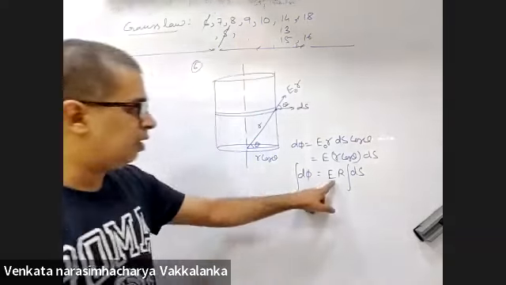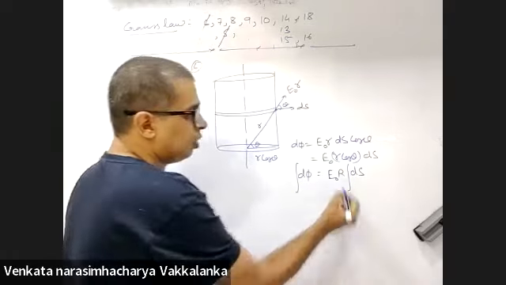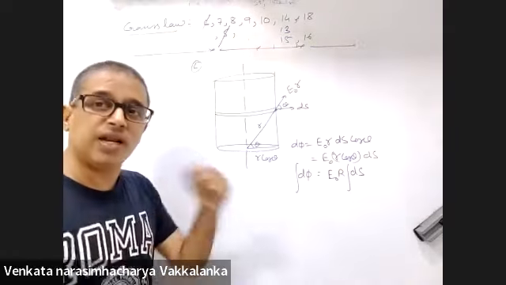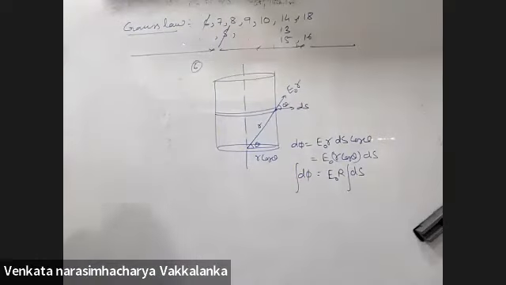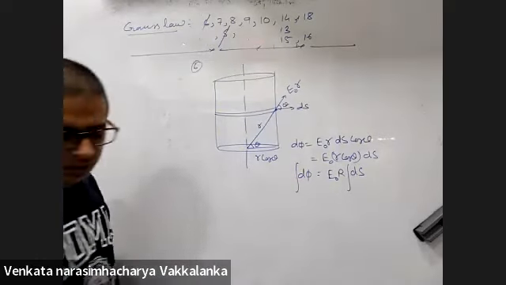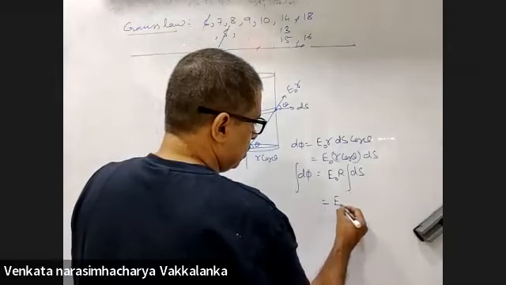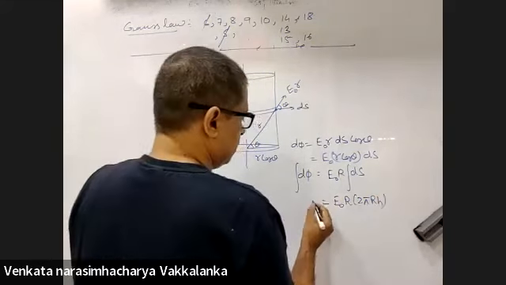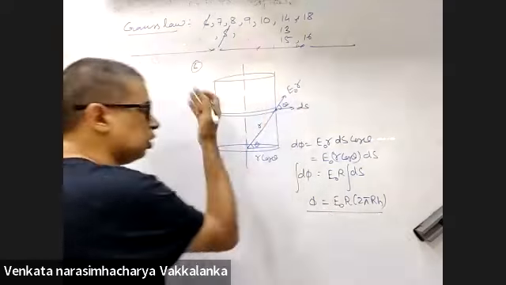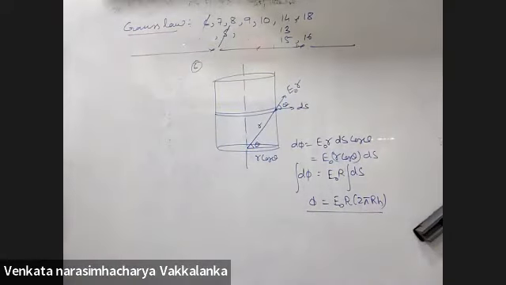Integral of this. E naught R, E naught is a constant, I brought it out. Capital R is a constant, I brought it out. Integral ds should not be difficult for you people. 2 pi RH. E naught R into 2 pi RH. This will be the flux through the curved surface A.